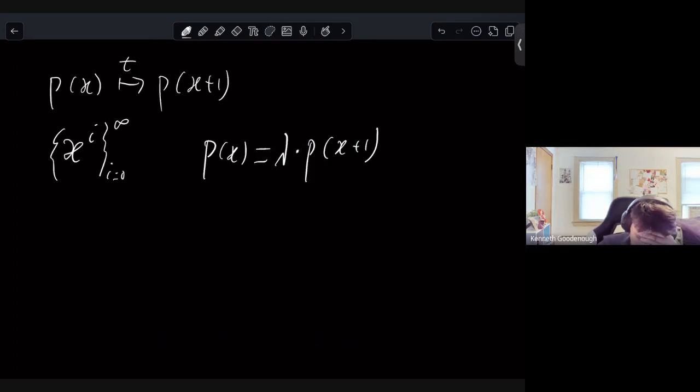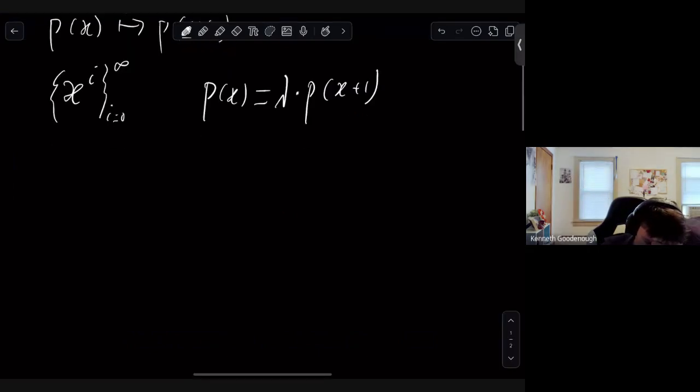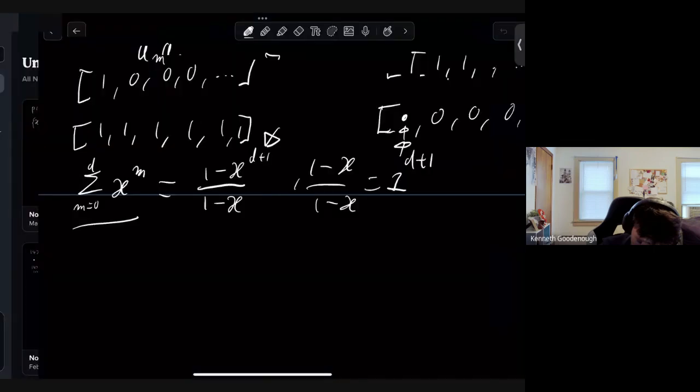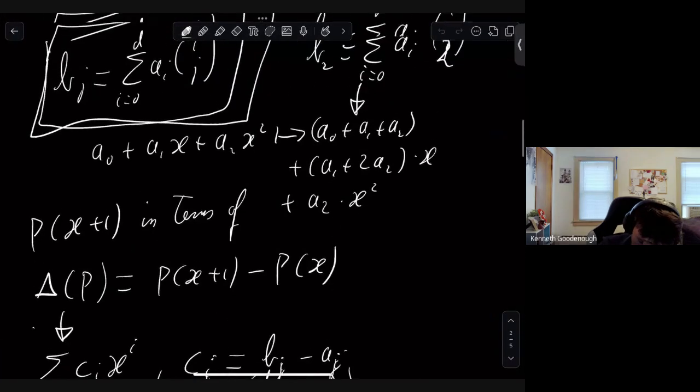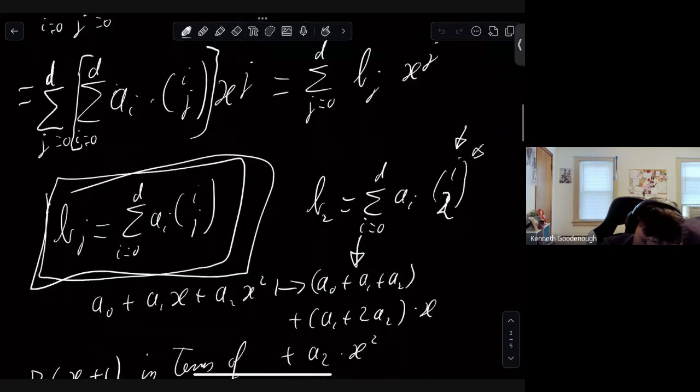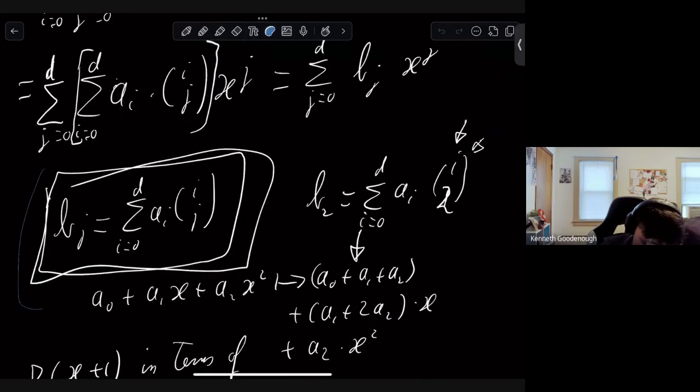Okay, so let me quickly check what the previous expression was that we had. Okay, let me just copy paste this. I'm actually not sure if I can copy paste between two different notebooks.